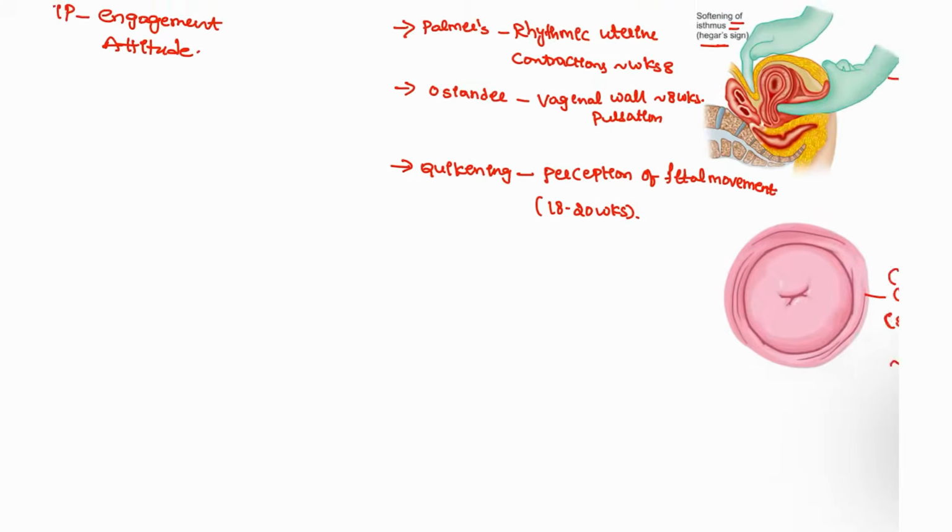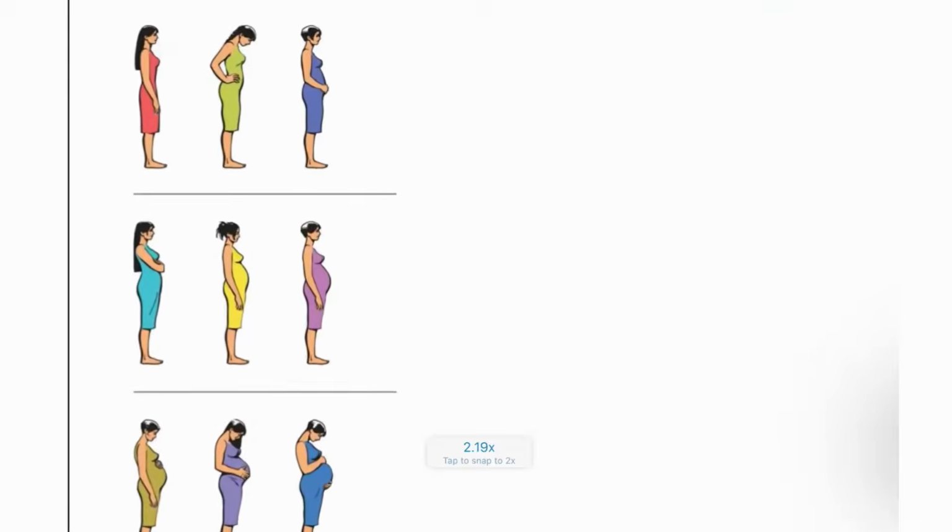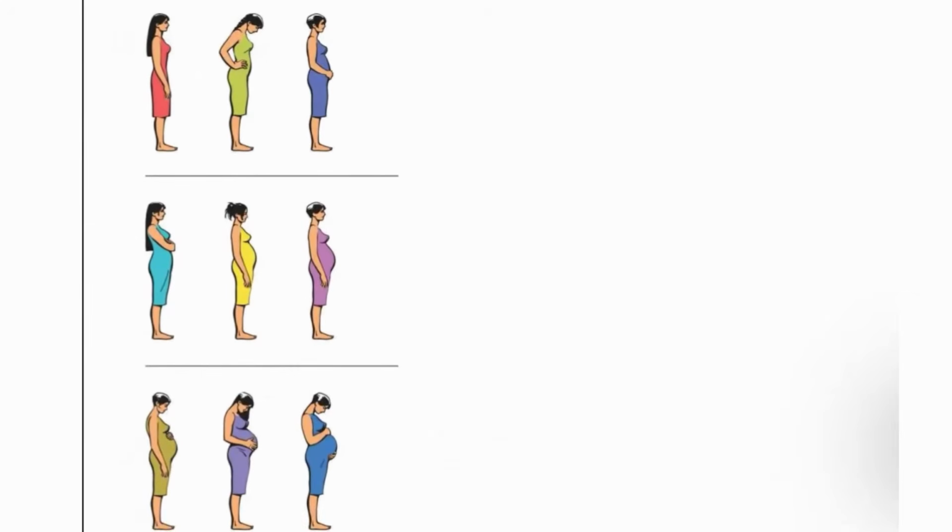Next, we will see the physiological changes of pregnancy. The most important thing to remember here is that pregnancy equals progesterone. If the pregnancy is being maintained, the reason is progesterone. It is always dependent on progesterone only.